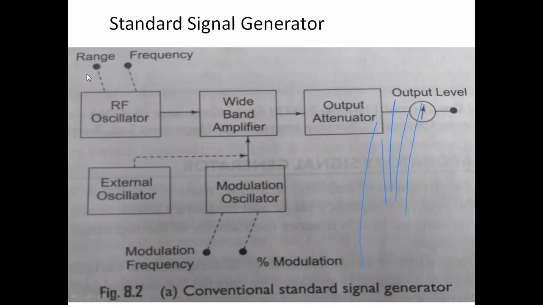In a given range of frequency, we can choose the desired frequency. These options are available at the front panel of the generator.